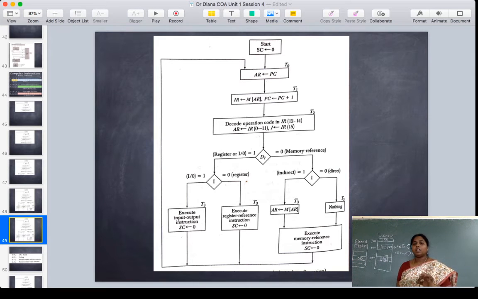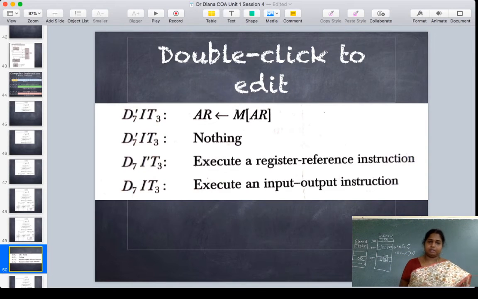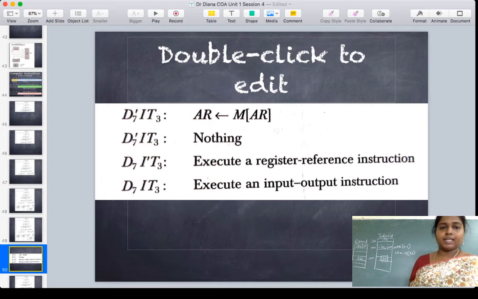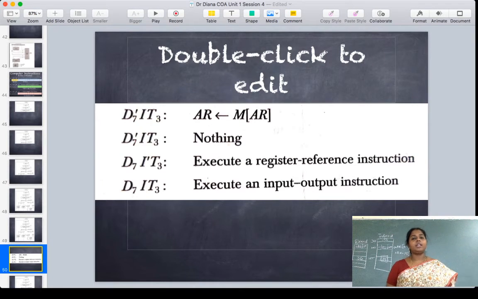Yeah. And at time cycle T4 only, I start executing my memory reference instruction. This is indicated using logic. So D7 dash means it indicates a memory reference instruction. When D7 is dash and I is 1 at time cycle T3, it means it is an indirect memory access.